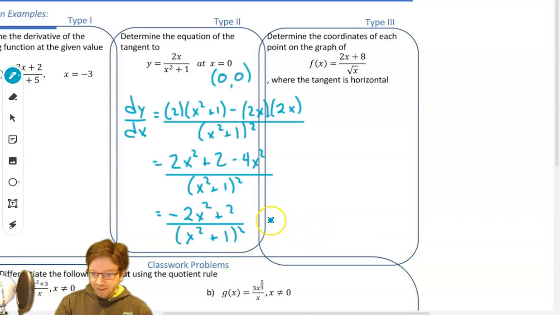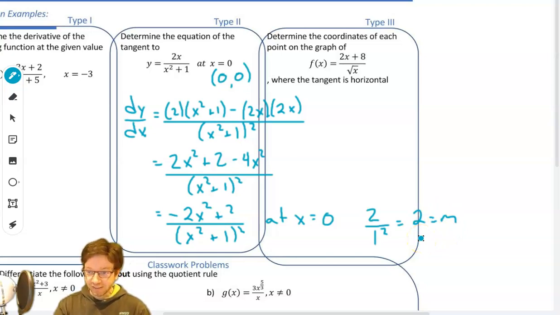Alright, and now I can see that at x equals 0, we're left with, well, that first term is 0, so we're left with 2 over 1 squared, which is just 2. So that's our slope m. So now I can figure out the equation.